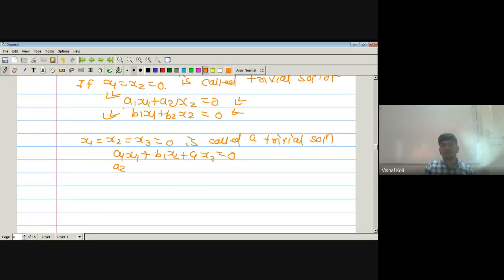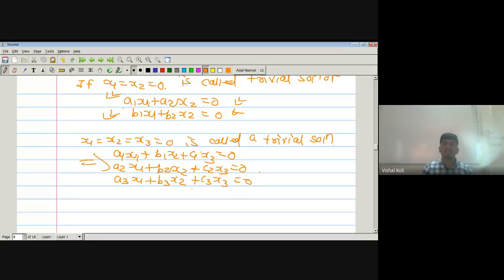Then a2x1 plus b2x2 plus c2x3 equal to 0, sorry, there was a small mistake. Similarly a3x1 plus b3x2 plus c3x3 equal to 0. Again, whatever the values of a1, b1, c1, a2, b2, c2 and a3, b3, c3, as x1, x2, x3 are 0, LHS is always equal to RHS.